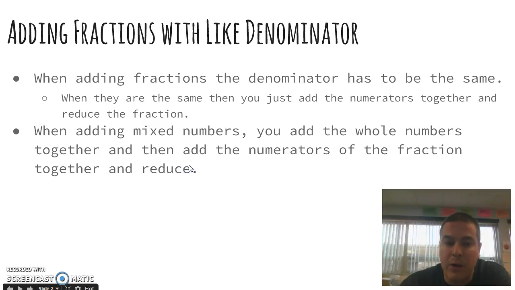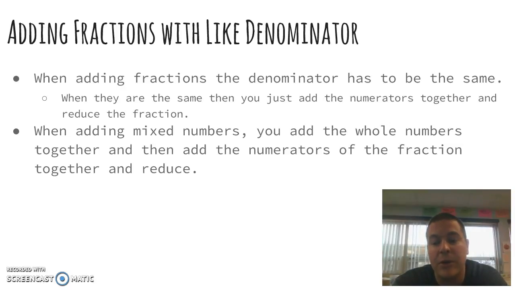So when looking at adding fractions with like denominators, all that you're going to do is worry about the numerator. As long as the denominators are the same, all you have to do is worry about the numerators. You just add the numerators together, and then reduce the fraction from there.